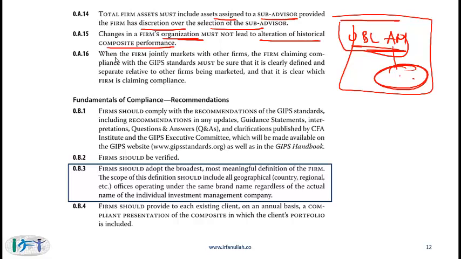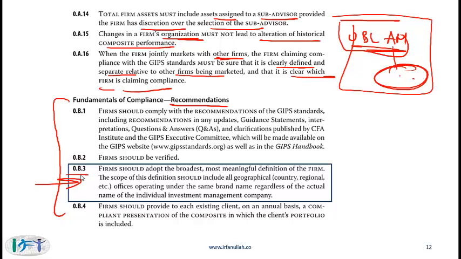And finally, when the firm jointly markets with other firms, the firm claiming compliance with the GIPS standards must be sure that it is clearly defined and separate relative to other firms being marketed, and that it is clear which firm is claiming compliance.